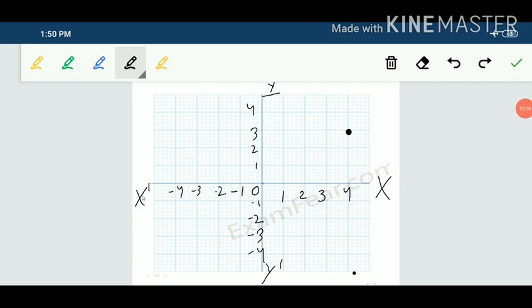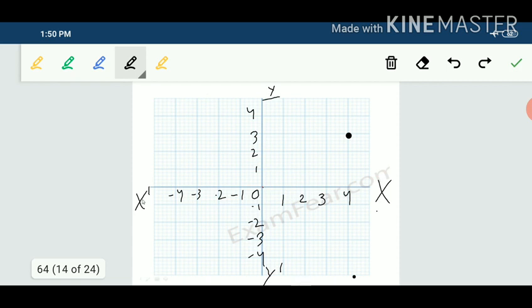To find the position of any point, in whichever quadrant it is lying, you just have to draw perpendicular lines from that point to the nearest axes. From this point, draw a perpendicular line on the x-axis.